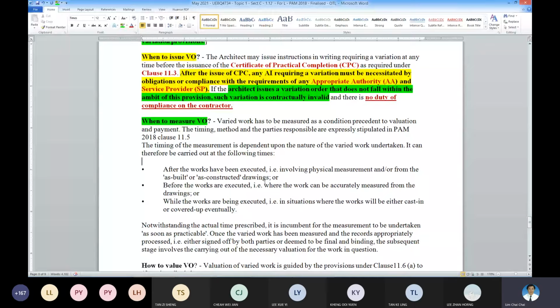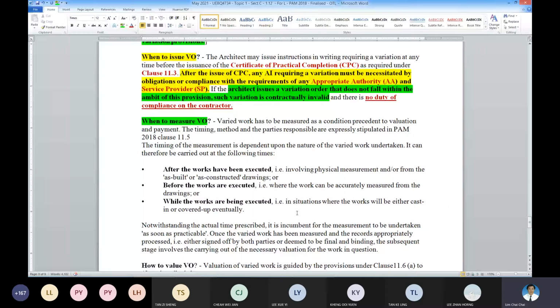Before the work executed is for working out the budget. While the work is being executed is for very big jobs, where there will eventually be progressive payment to be claimed while the work is being executed.